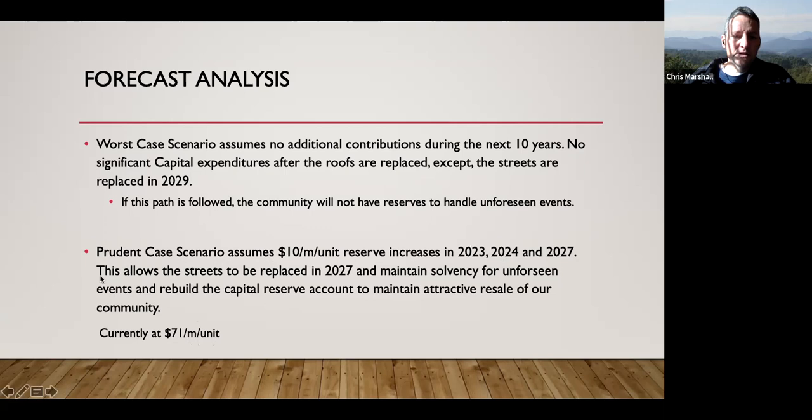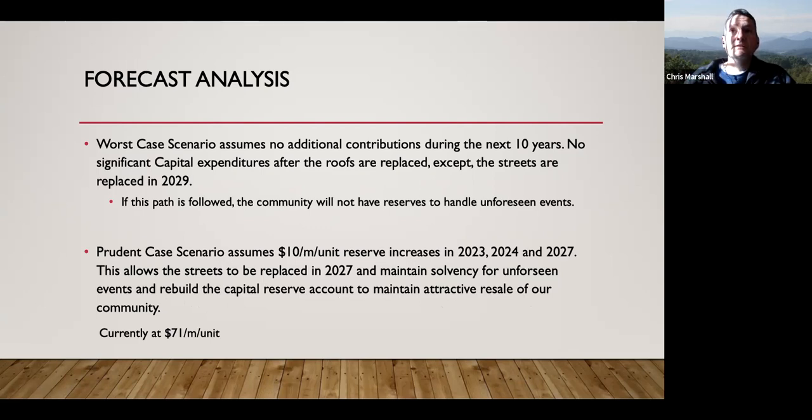If we follow this, you can see that it allows the streets to be replaced in 2027, not 2029, and it maintains solvency for unforeseen events, as well as helps rebuild the capital reserve account to maintain attractive resale for our community owners. So that's an important point we need to consider.